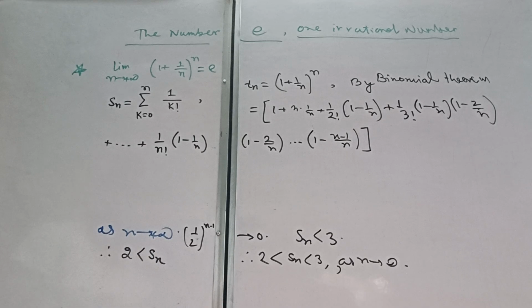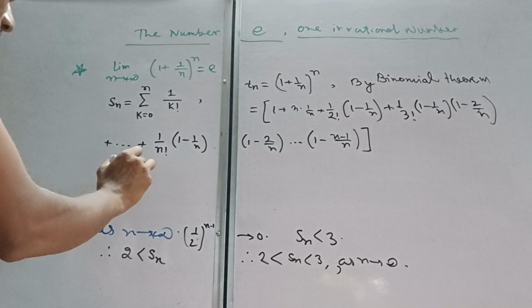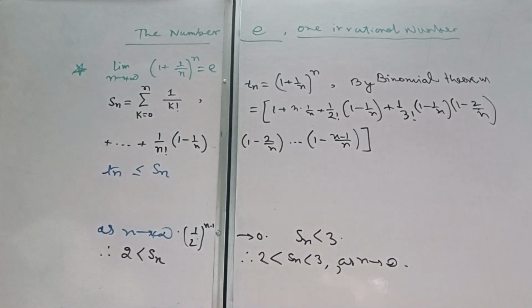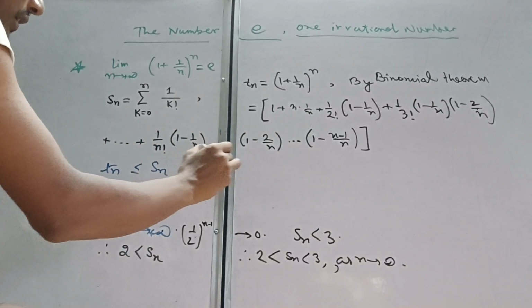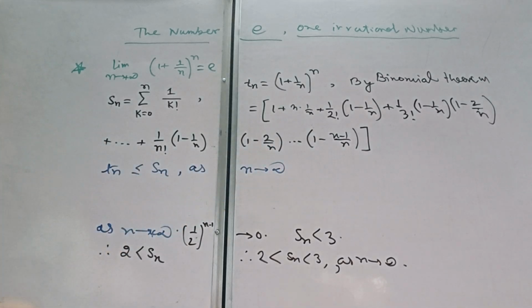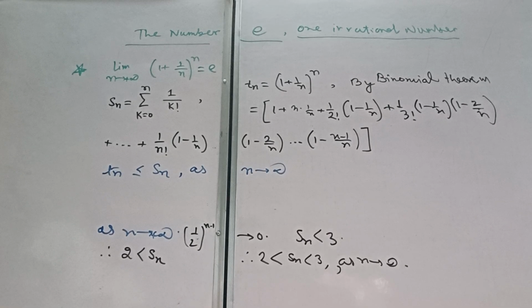So in this way we develop that Tn is less than or equal to Sn as n tends to infinity. Otherwise Tn is less than Sn.